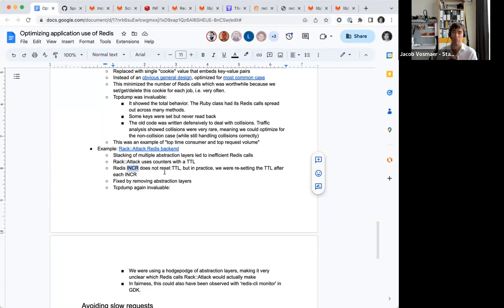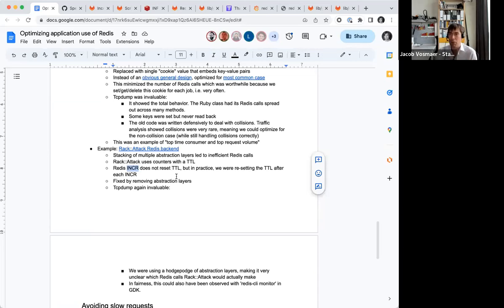We got rid of that by removing some of the abstraction layers and writing something that omits the TTL call. Actually, the expire call that sets the TTL, I forgot the details already. But the abstraction layers weren't helping, which again is a general problem.